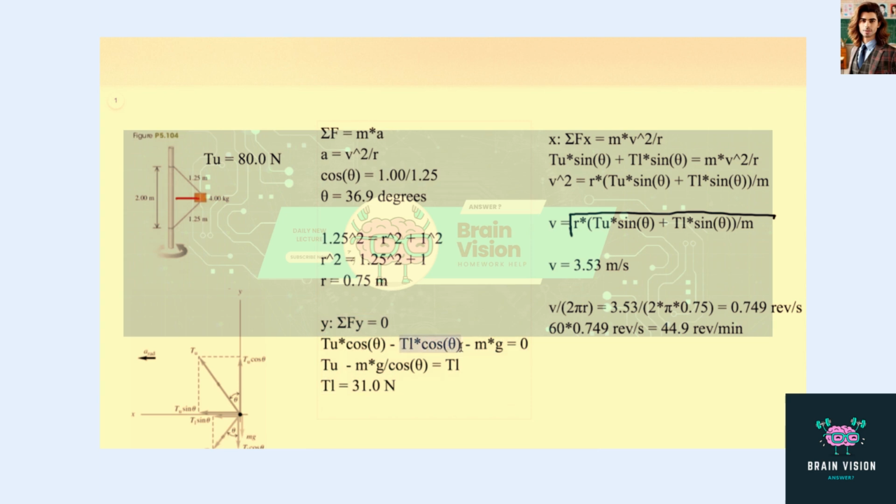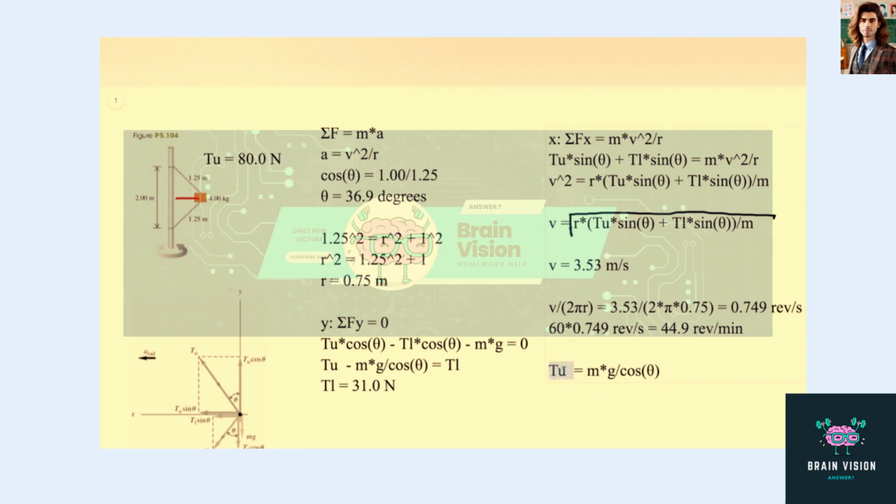If TL equals 0, then we just have essentially this term, except without this. This is just 0 here, which means that TU would just be equal to mg times cosine of theta.